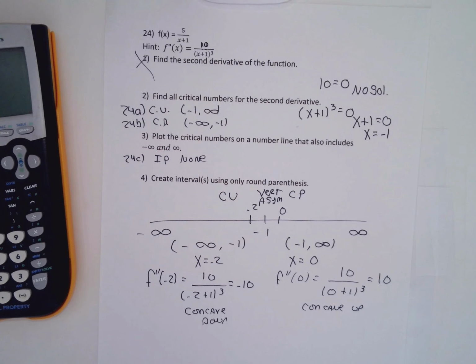All right, 3.4 is essentially 3.1 and 3.3 put together, where we find maximum and minimum values, increasing and decreasing intervals, concave up and concave down intervals, inflection points, and we find x-intercepts, y-intercepts, and asymptotes, and we fully sketch graphs.